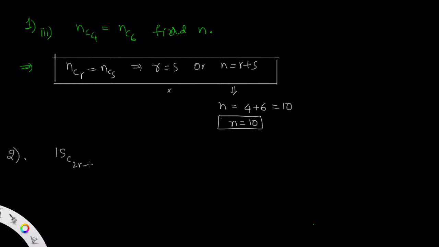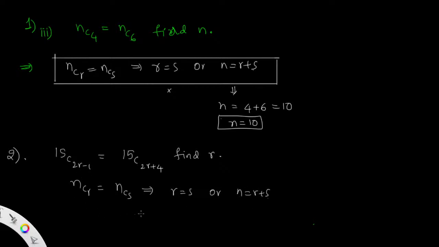15C(2r minus 1) equal to 15C(2r plus 4), then find r. It is also in the form nCr equal to nCs, which implies r equal to s or n equal to r plus s.